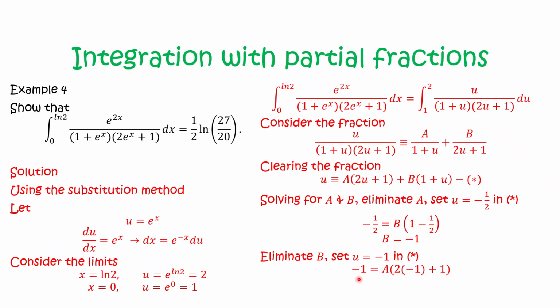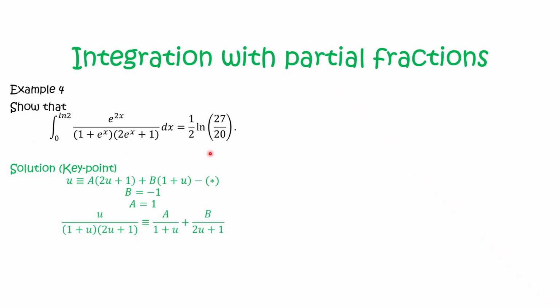Then we move on to eliminate B. Since we have the value of B, we set u to be equal to minus 1 in identity star. This would give us minus 1 is equal to A times (2 times minus 1 plus 1), giving us the value of A, which is just 1.